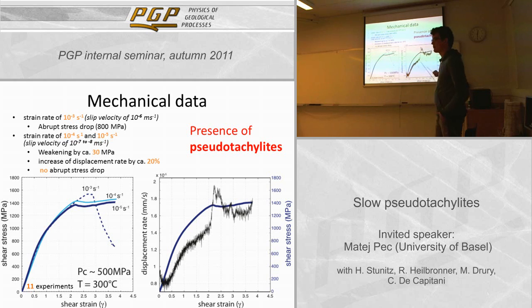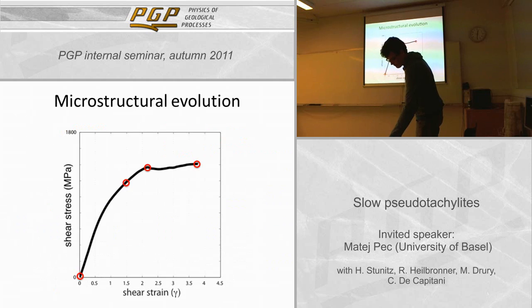This is corrected for the machine stiffness, which is actually amplifying this peak a little bit, but we can also detect it in the uncorrected data. The shear stresses sustained by those rocks are very high, around 1400 MPa. As I said, we can see here the pseudotachylites.